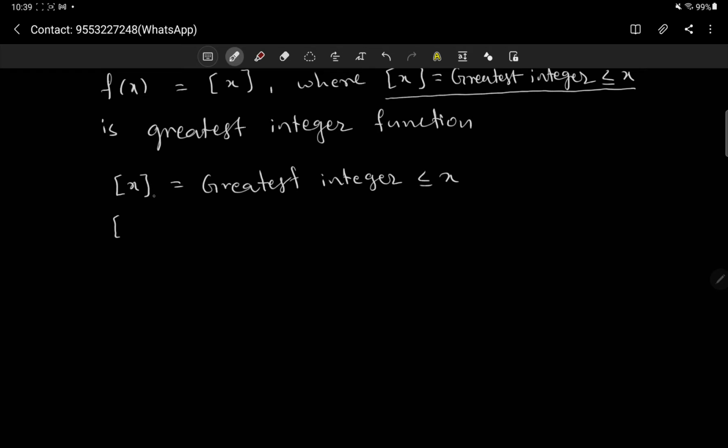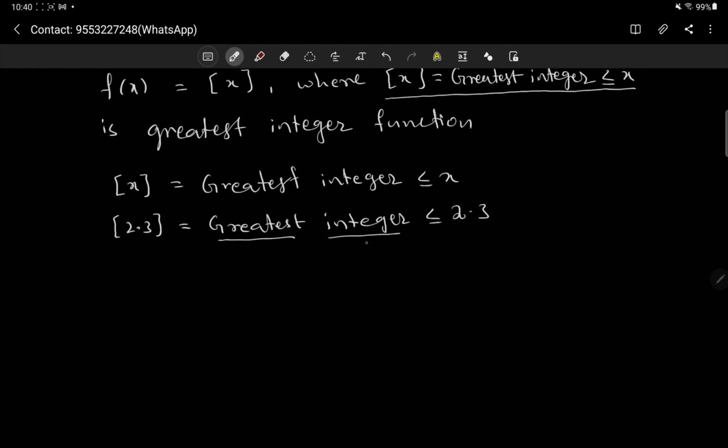Suppose x is equal to 2.3. Then we get the greatest integer less than or equal to 2.3.